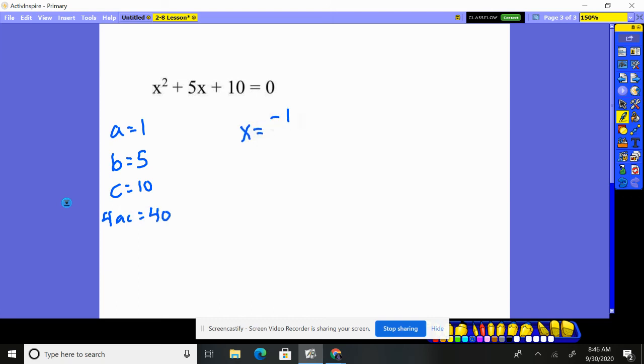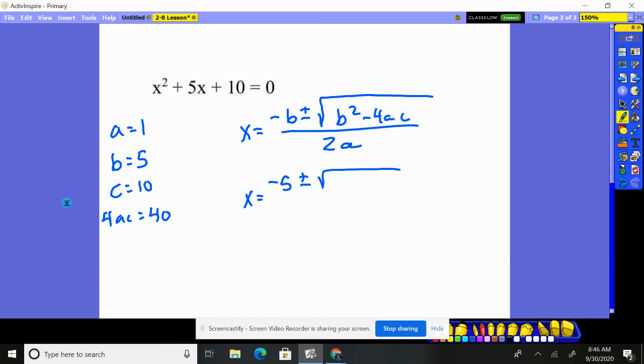The solutions will be the opposite of B, plus or minus the square root of B squared minus 4AC, all over 2A. The opposite of 5, plus or minus the square root of 5 squared, 25, minus 40, all over 2 times 1, 2. Negative 5 plus or minus the square root of negative 15 over 2.